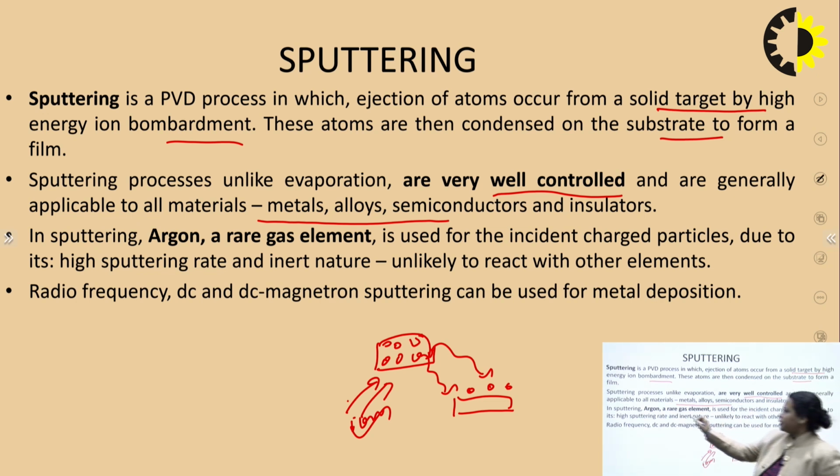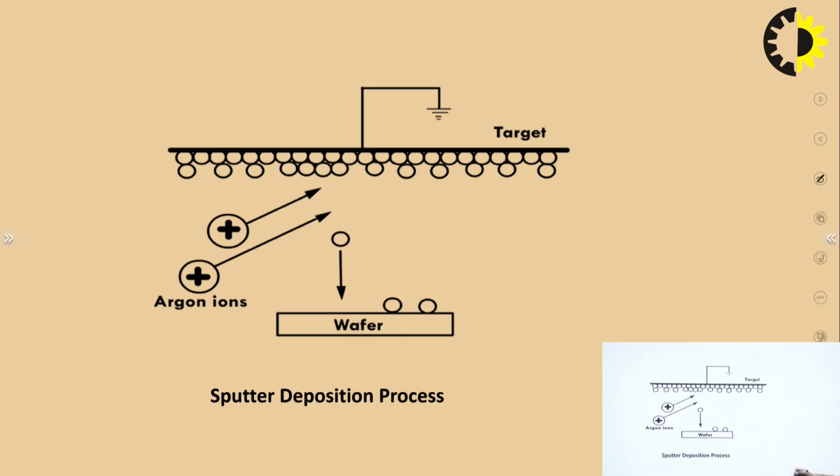Argon is a rare gas element which we use in sputtering, and this whole process can be done using radio frequency, AC and DC magnetron sputtering, right? This is the diagram of it. We are using argon, the high-energy ion, to bombard the target on which some atoms are already placed.